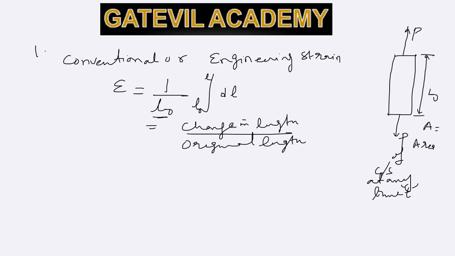This is the original length. If you integrate it, you will get L minus L naught, which is equal to change in length. So this is change in length by original length. This was defined as engineering strain.